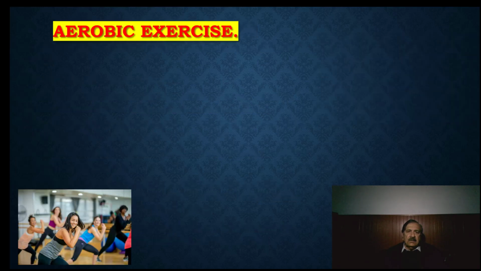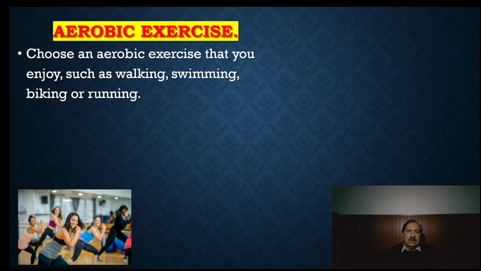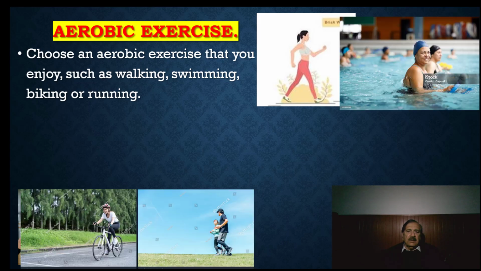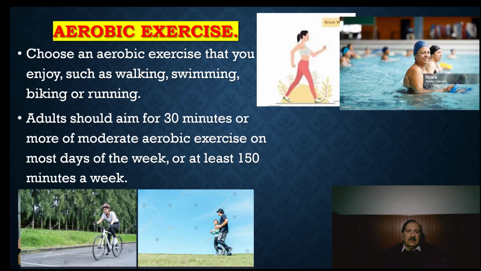Aerobic exercise. Choose an aerobic exercise that you enjoy, such as walking, swimming, biking, or running. Adults should aim for 30 minutes or more of moderate aerobic exercise on most days of the week, or at least 150 minutes a week.